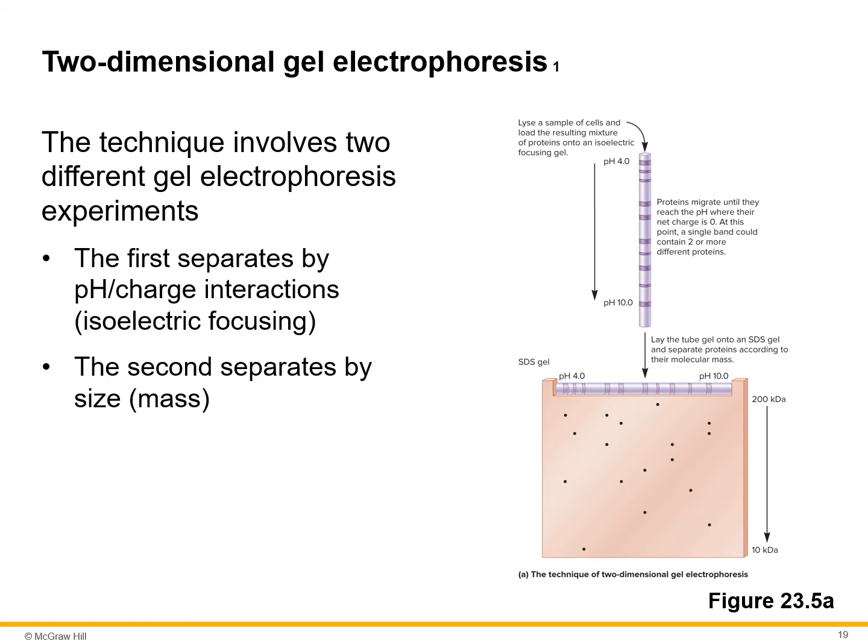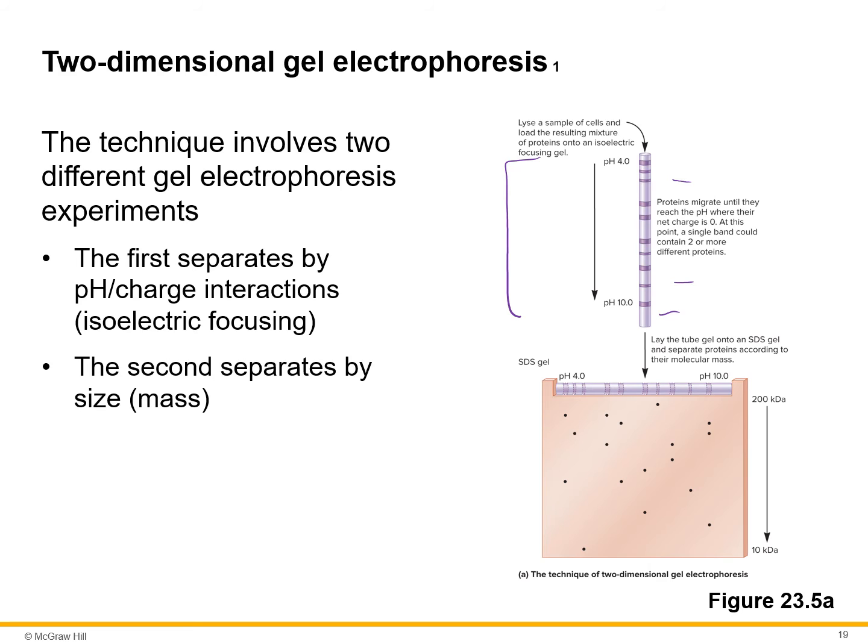This is a two-step electrophoresis. The first one is usually done more in a column where you would have the cell, which would have many different proteins. It would be run through an electrophoresis which separates by charge.